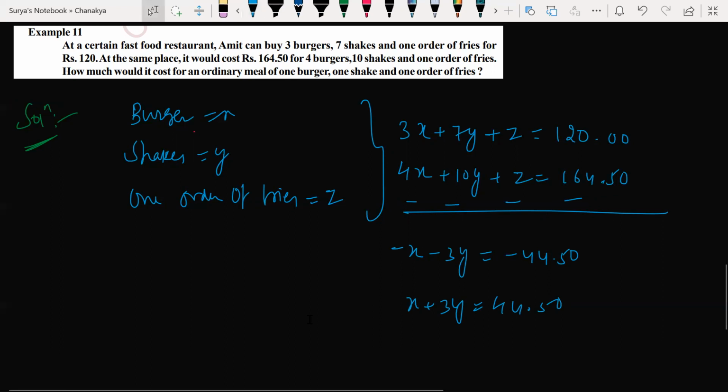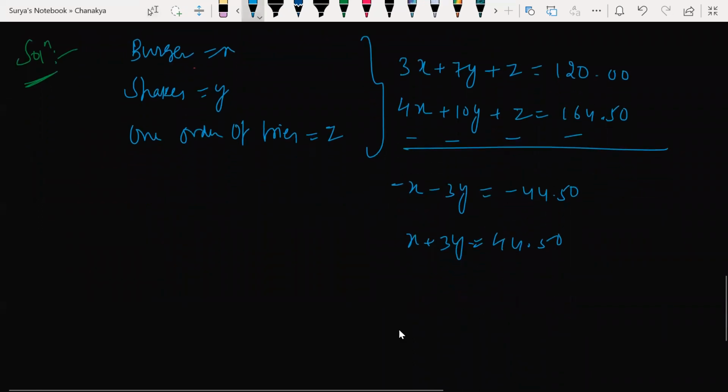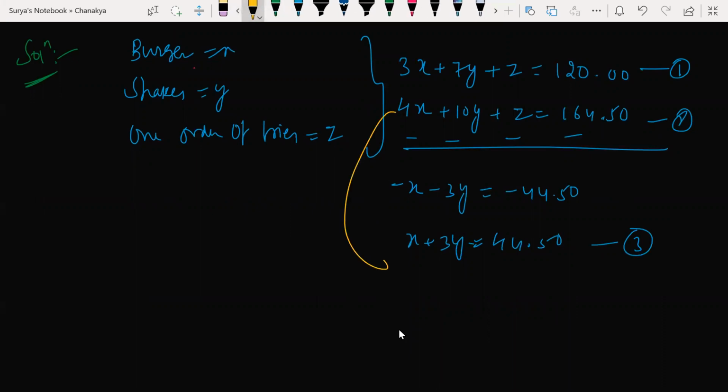Okay, people. So this is what I got. So what do I need to find out? Let us take this as the first equation, the second equation. This is the third equation. So now, if you compare these two, how can I solve?